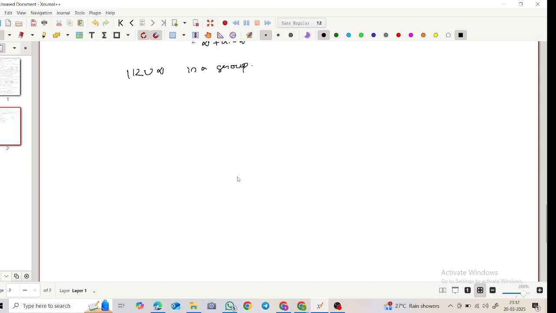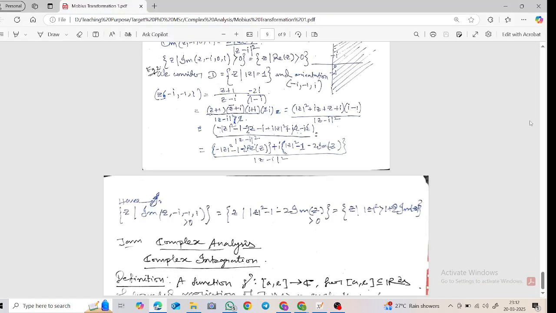Okay. So why talk about so many such things? You will see in a moment. There is something called Mobius transformation in complex numbers. Let me see whether we have gone through it or not.